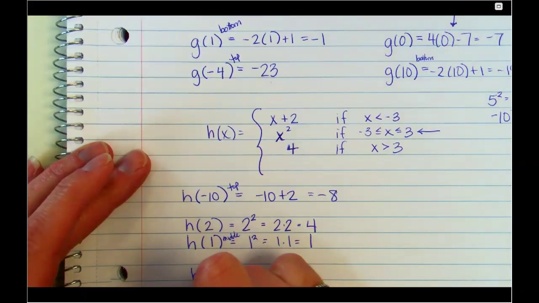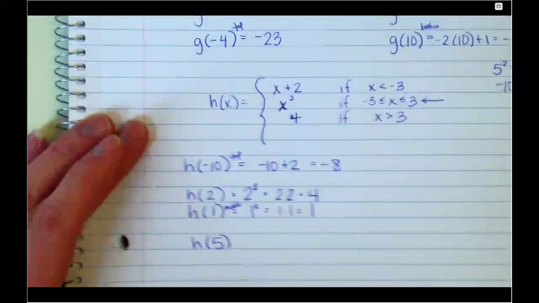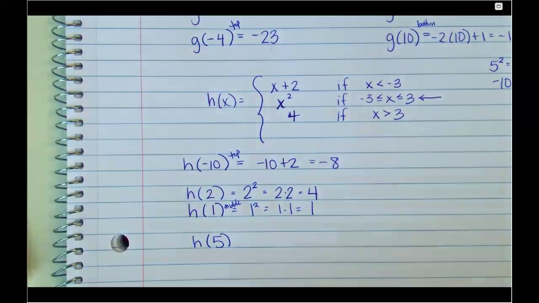Now, let's talk about h of 5. Now, this is weird. This is weirder than x squared. Okay, it's not difficult, it's just weird. Okay, so top, middle, or bottom? Bottom.